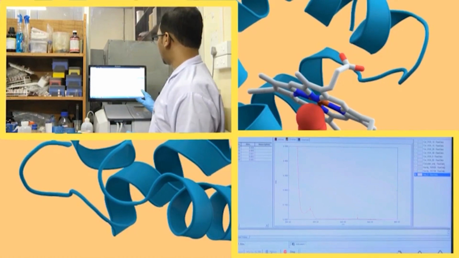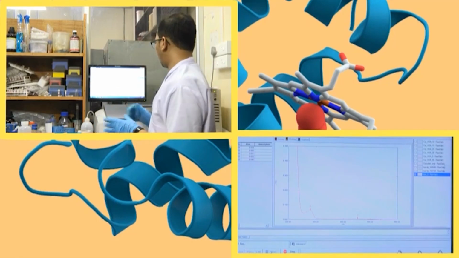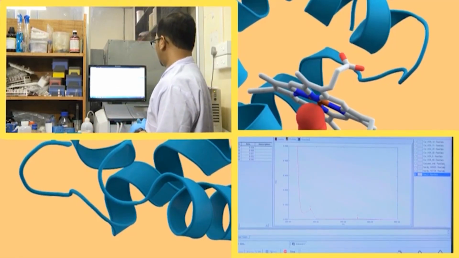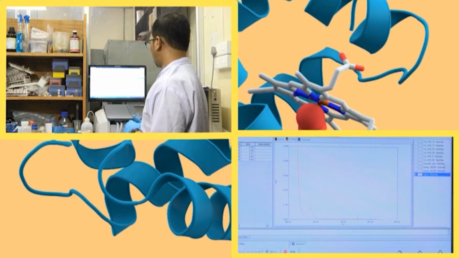Now in this region, around 600 to 500, there isn't any major change in the UV spectra for HFA.